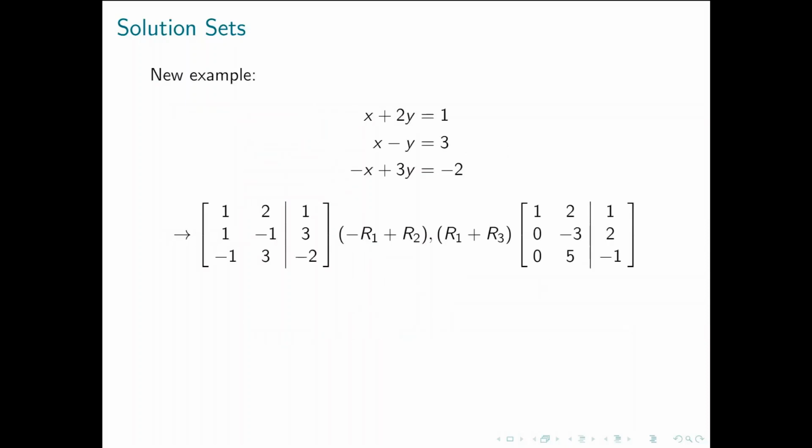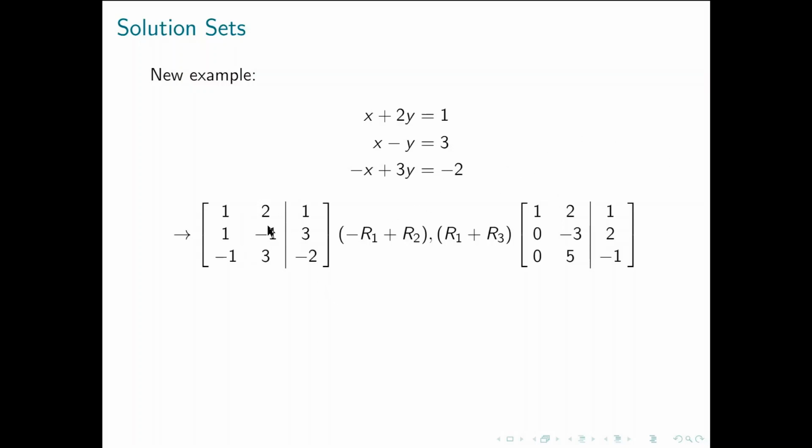Here's a system, and this is a system with 2 unknowns, but 3 equations. So now we have a different kind of imbalance, more equations than unknowns. So I'd write it as this matrix. This kind of matrix, by the way, is called an augmented matrix, where I have the coefficients on the left and the constants on the right. I don't even need to take this to row echelon form, in fact.